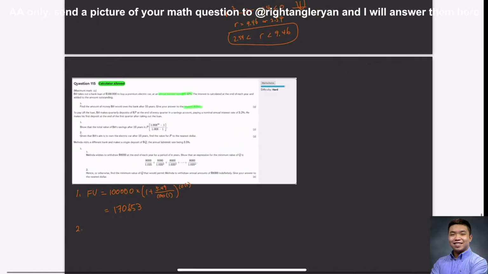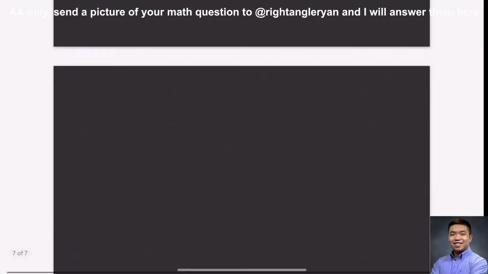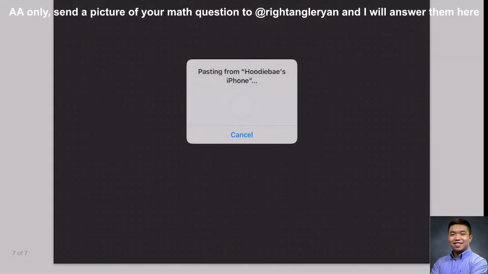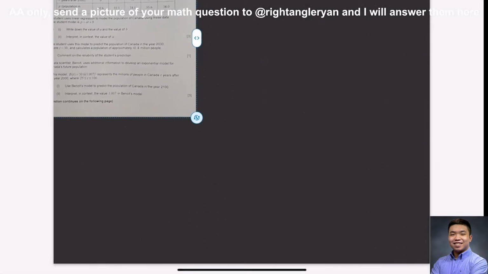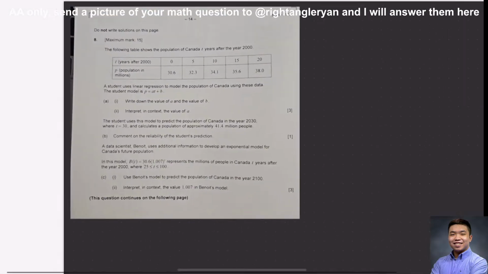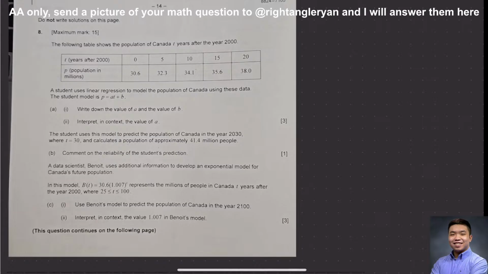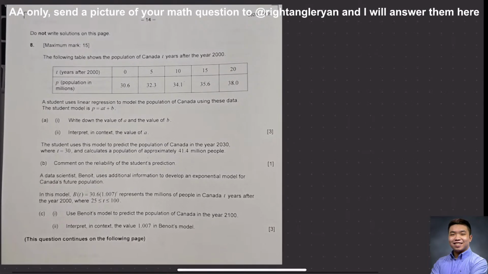We take a pause from this question because we got a priority question coming in. Okay, so how do we do this question?